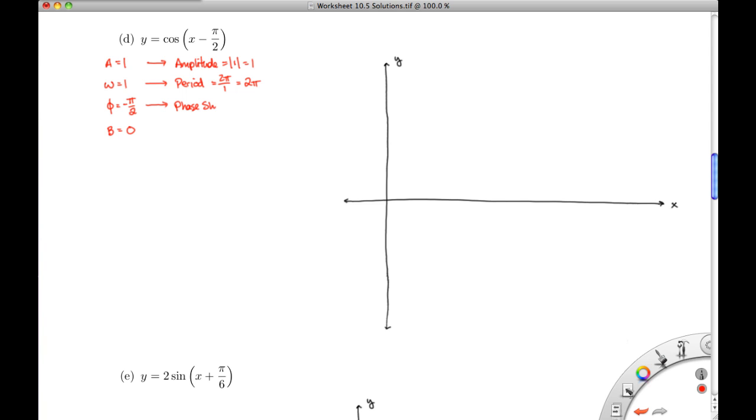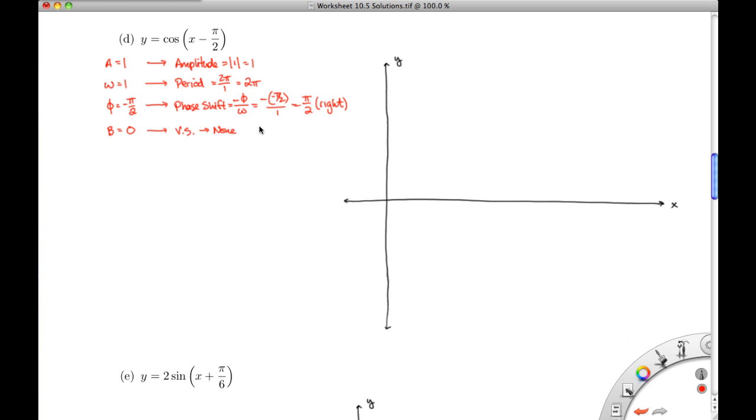So phase shift, this is equal to minus phi divided by omega. So this is going to be minus pi over 2 divided by 1. So that's just going to be positive pi over 2, and we know that this is going to the right. So we're shifting everything to the right, pi over 2, or 90 degrees, along the x-axis. And poor b. Vertical shift. None.